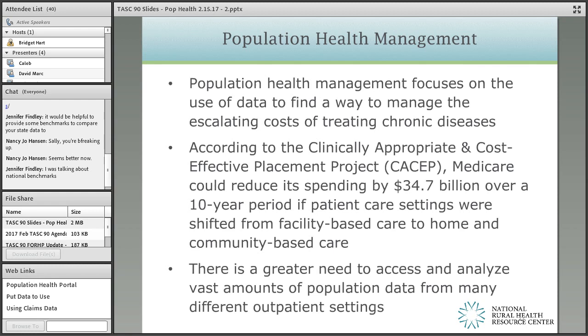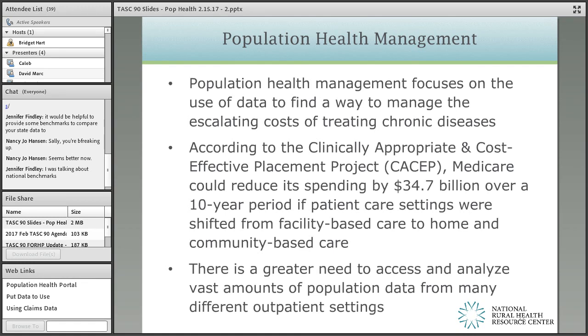And there's data to essentially show why this momentum is moving forward. The Clinically Appropriate and Cost-Effective Placement Project, from the Alliance for Home Health Quality and Innovation, essentially did an analysis, and their report showed that Medicare could reduce spending by $34.7 billion over a 10-year period if patient care settings were shifted from facility-based care to home and community-based care.